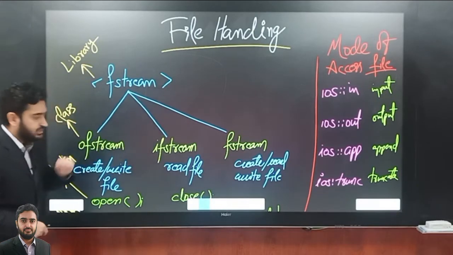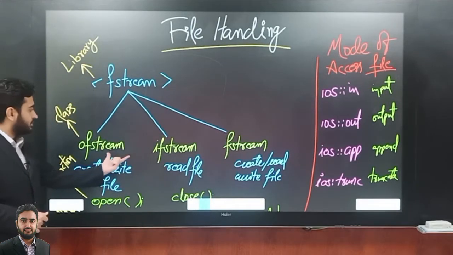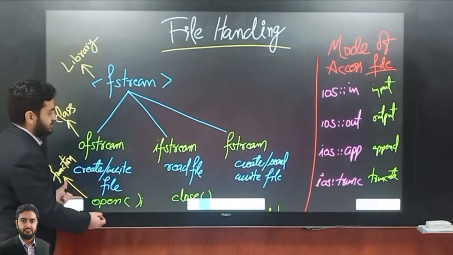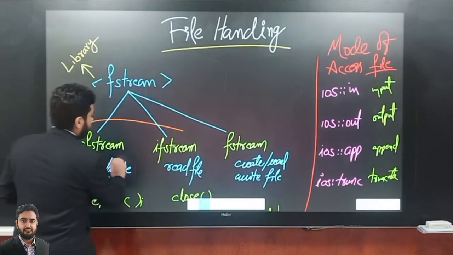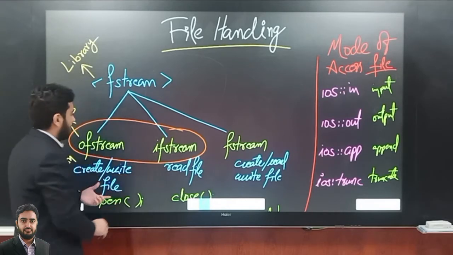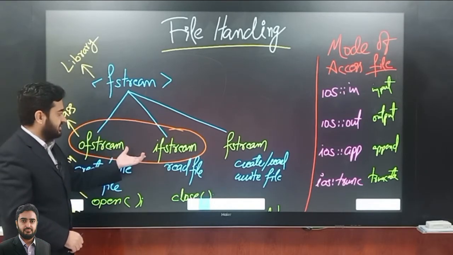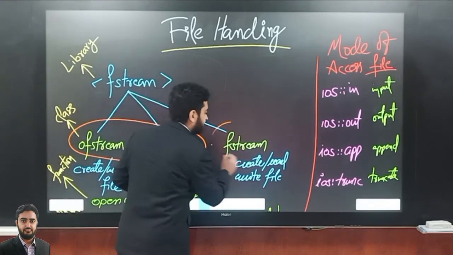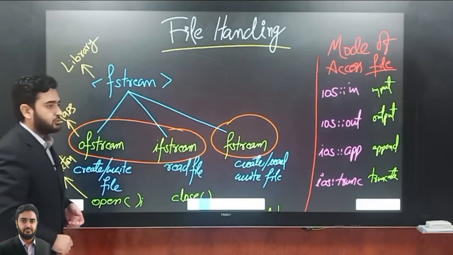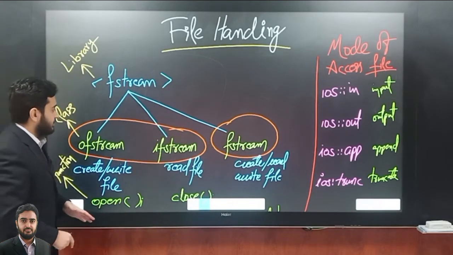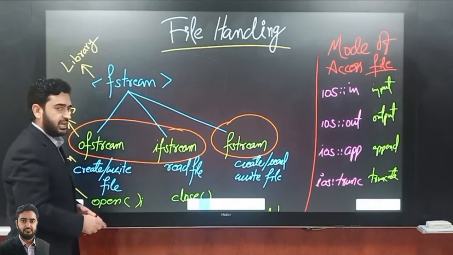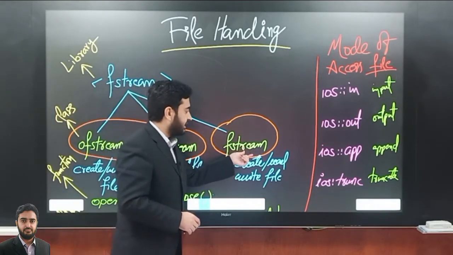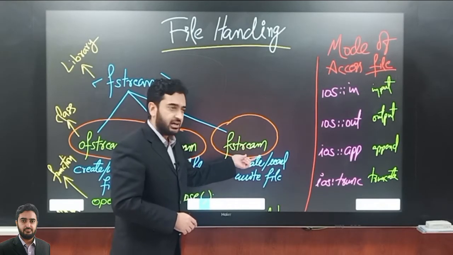So we have three different classes. We can use these classes together, or you can skip the first two and just opt for fstream. The task that you want to perform with these two classes can also be performed separately and individually with the class fstream.